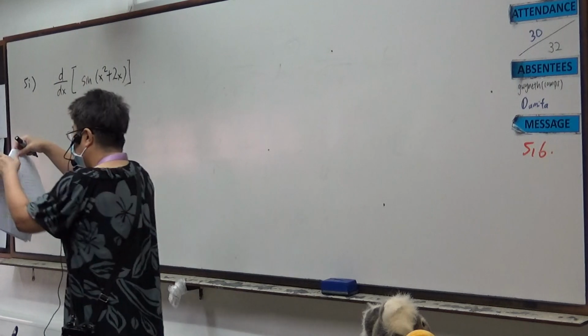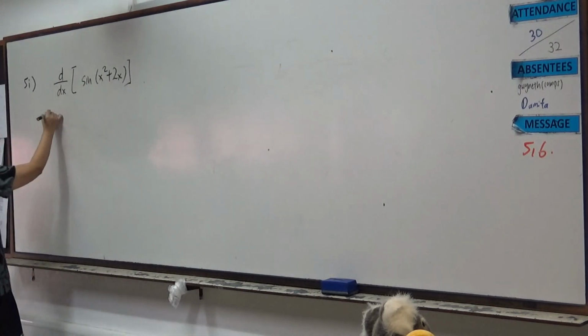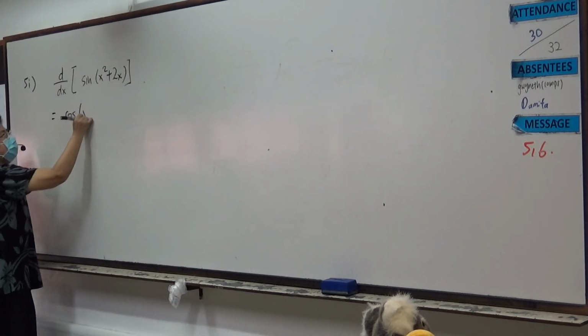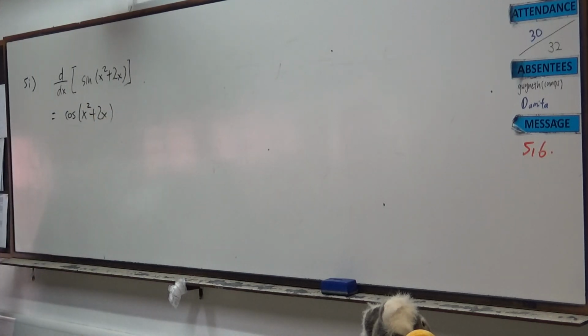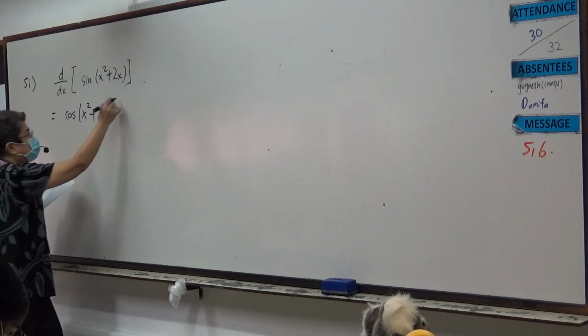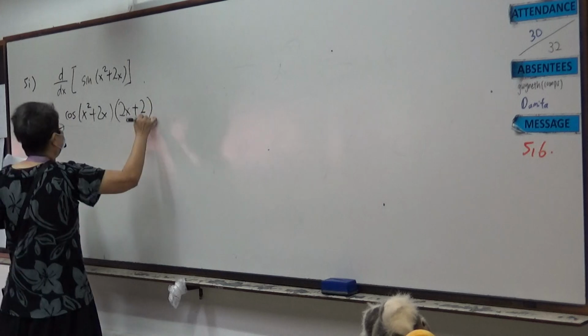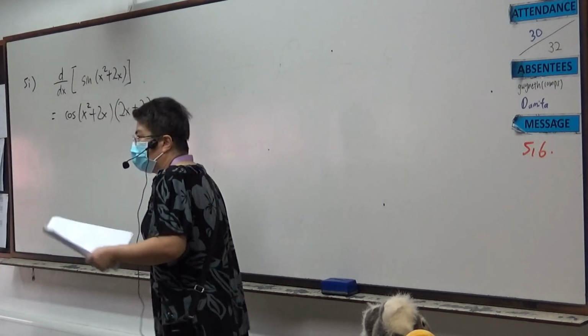Question number 5. Now, if I differentiate this, it will become cosine of this, right? Times what? The differentiation of the inside. So it becomes what? 2x plus 2y. Alright.